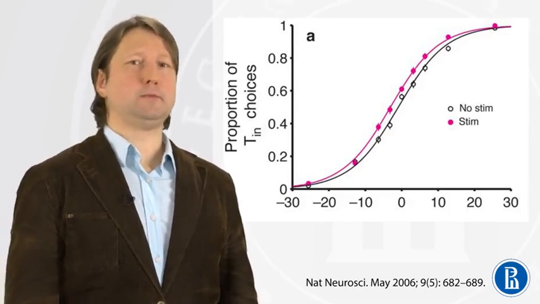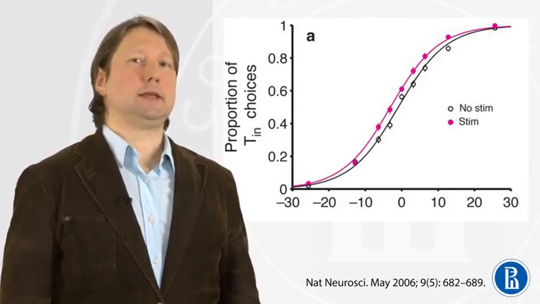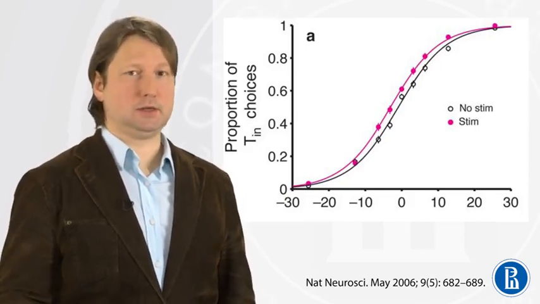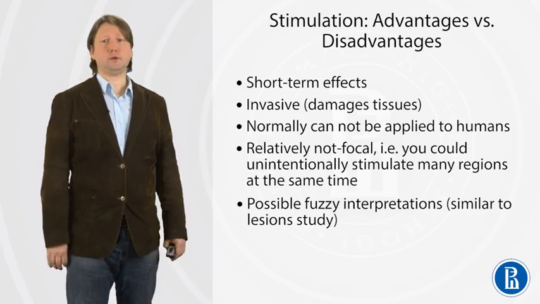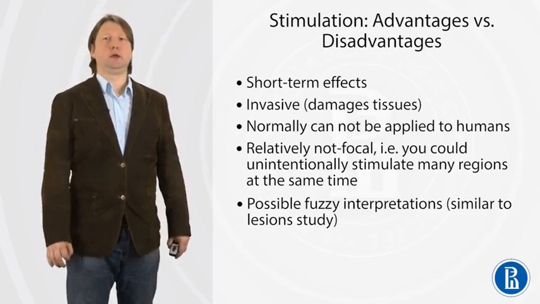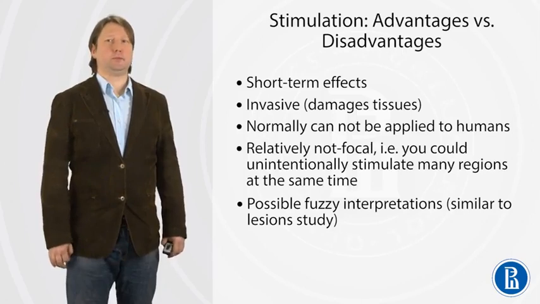We will discuss these impressive studies next week, but it shows us that we can stimulate specific neurons in the brain and we can change decisions. Of course, it's a very interesting method, but unfortunately it is invasive. So in order to put an electrode inside of the brain, you have to damage some tissues.